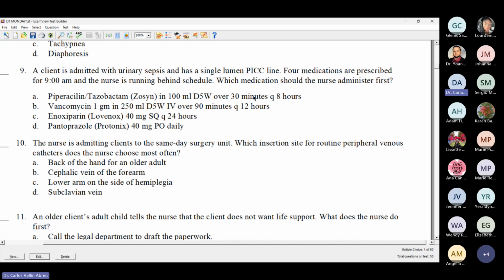And then at 9:30, when the Zosyn ends, I'll start the vancomycin, and the vancomycin is left there passing, but it was started on time, within the leeway that is allowed, half an hour before, half an hour later, for giving medication.